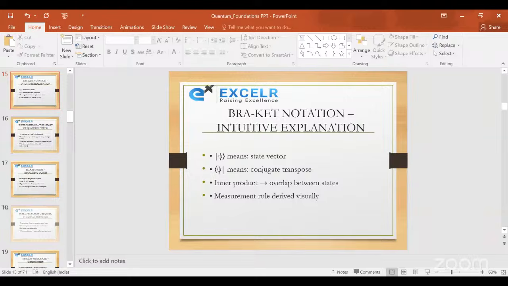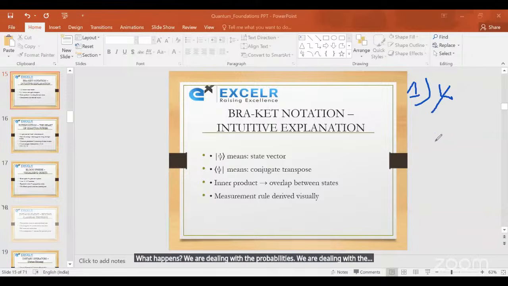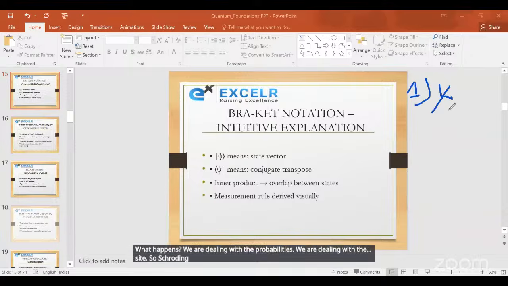We were talking about normalization. In normalization, we are dealing with probabilities. We are dealing with psi.